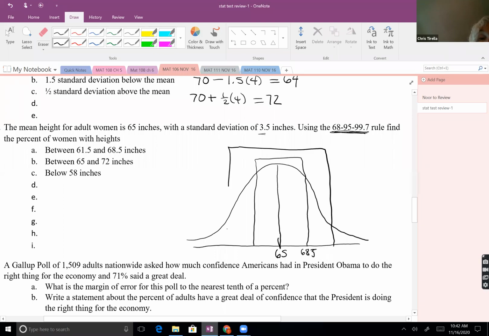Next one adding out would be 72. And next one would be 75.5. And then in the other direction, I'll subtract. 65 minus 3.5 is 61.5. 61.5 minus 3.5 is 58. 58 minus 3.5 is 54.5.